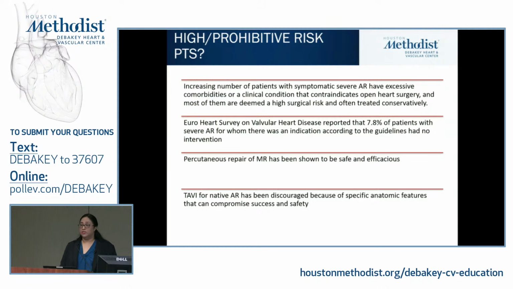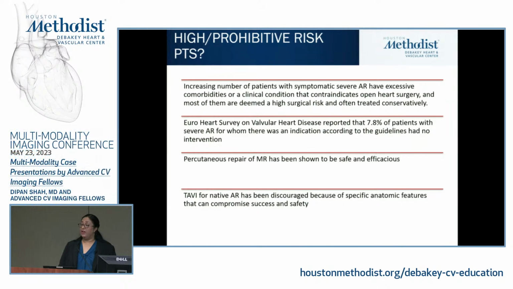Based on the EuroHeart survey, there were 7.8% of patients with severe AR in whom there was an indication to intervene based on the guidelines, but because of their high or prohibitive surgical risk, they did not receive any intervention. Percutaneous repair of mitral regurgitation in these patients is shown to be safe and efficacious, but in patients with native aortic regurgitation, TAVI has been discouraged because of specific anatomic features that can compromise success and safety.